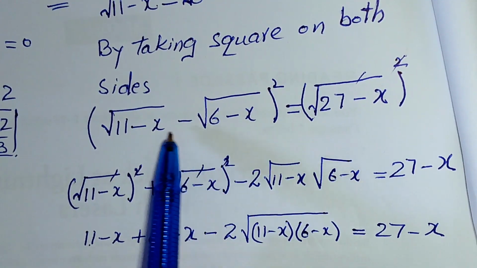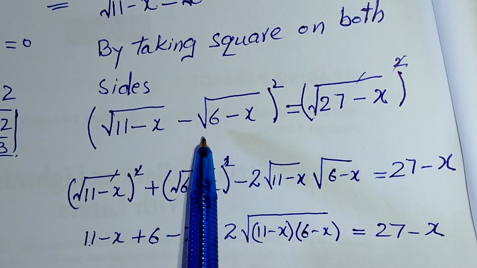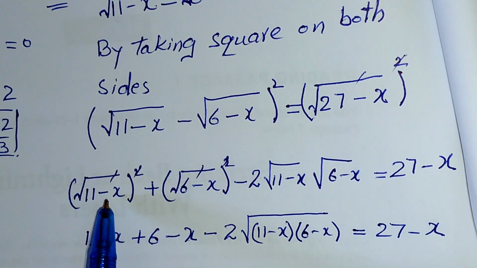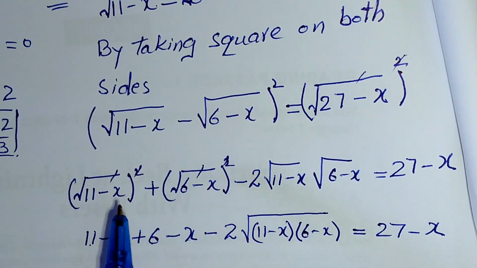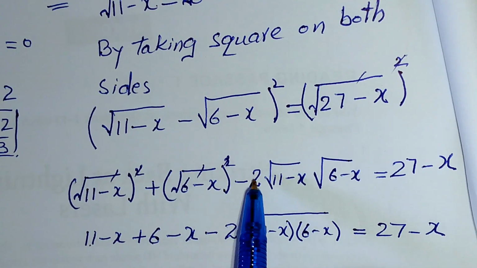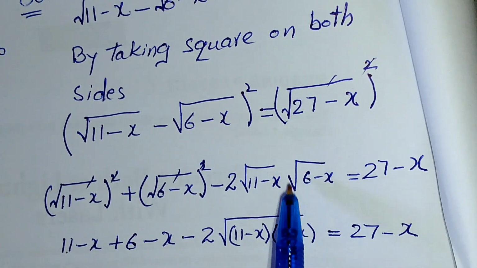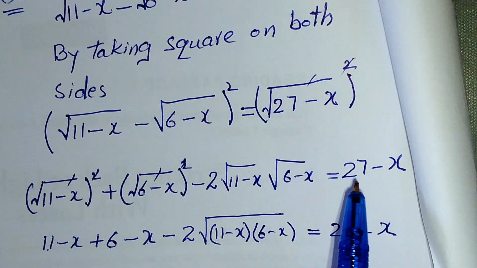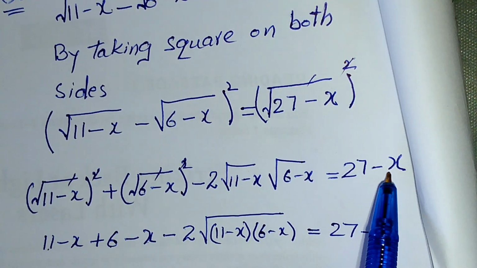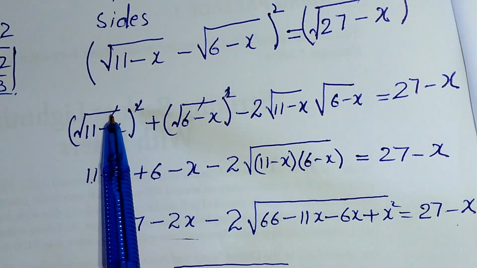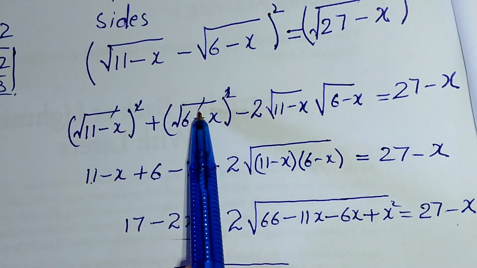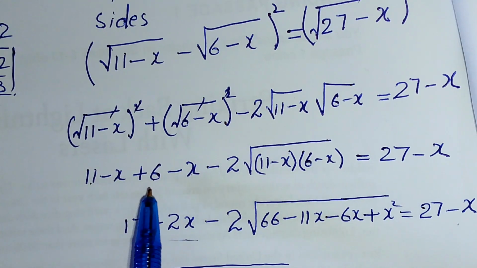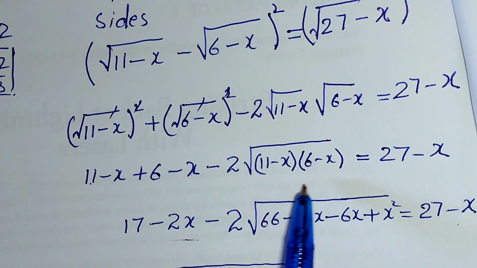By expanding this, using the formula a minus b whole square, so square of first value plus square of second value minus 2 into first value into second value, that will be equal to, we can cancel this with the square, so it will be 27 minus x. And similarly we can cancel these squares with the square roots, so after simplification we can write it like this.